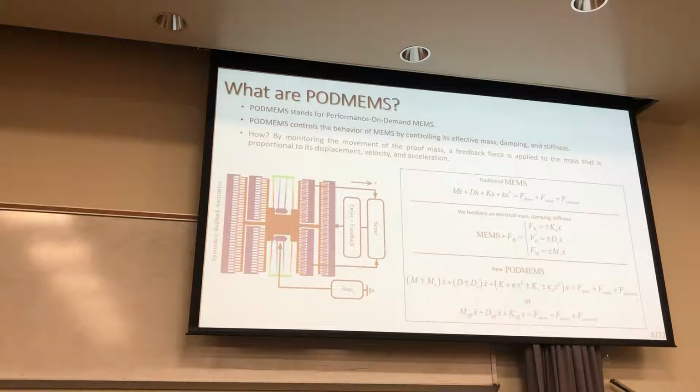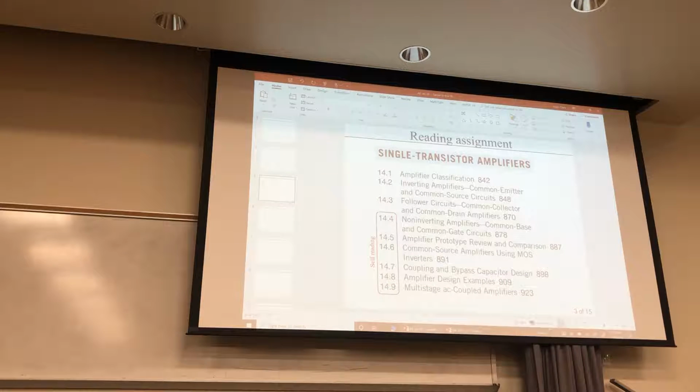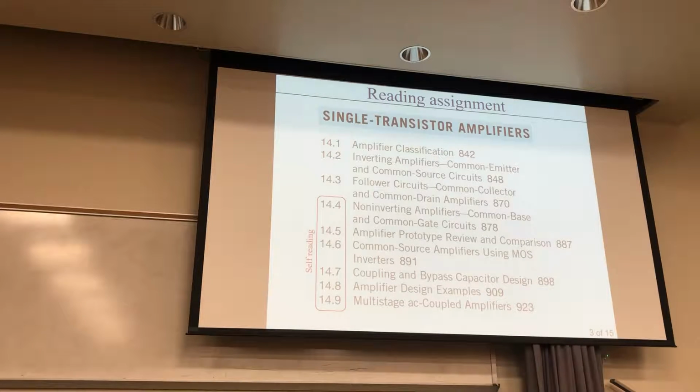You could change its behaviors and characteristics, if you have really fast feedback, that is. But anyway, that's just an example where single transistors are actually useful. But again, we're going to get into things that are even more common.